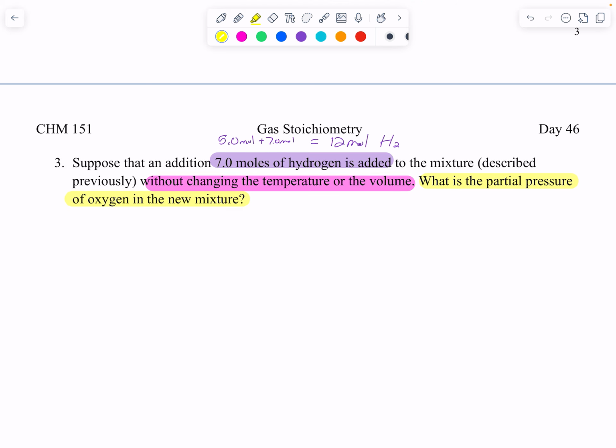Well, let's look. PV equals nRT. We are not changing the temperature or the volume, so they're fixed. R is fixed, never changes.